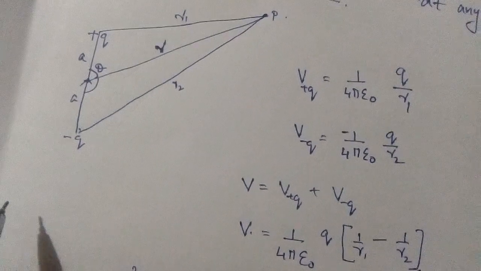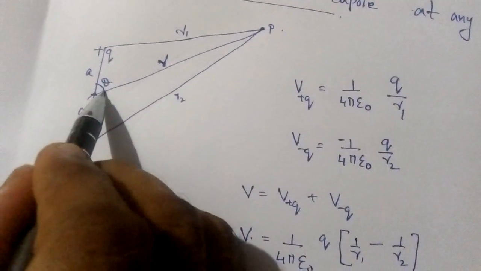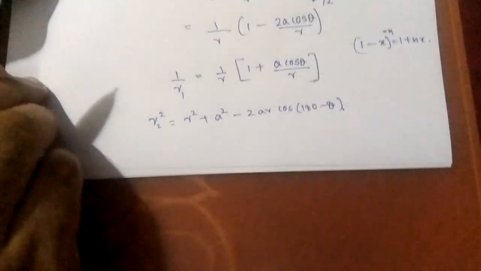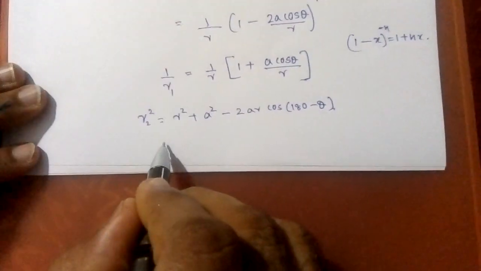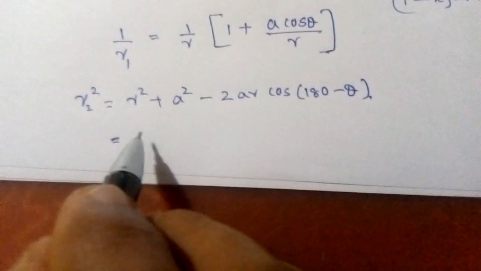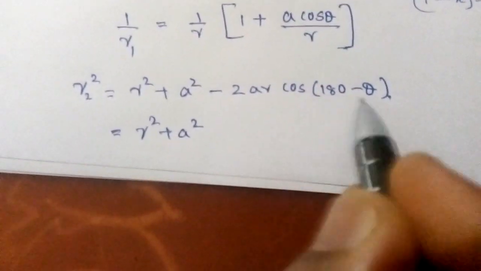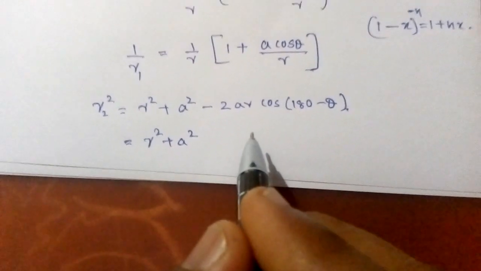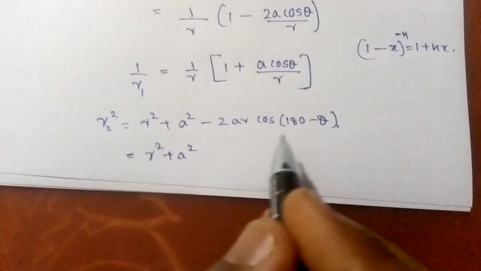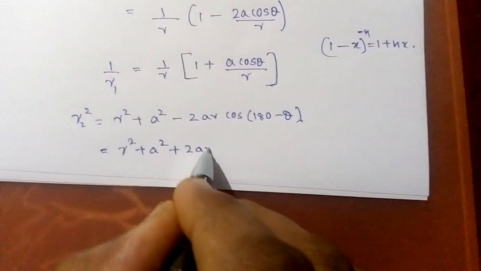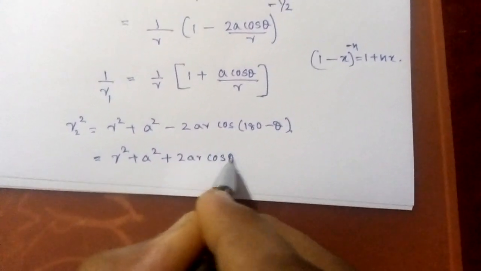So cos of 180 minus theta is equal to minus cos theta, and we will get R2 squared equal to R squared plus A squared plus 2AR cos theta.